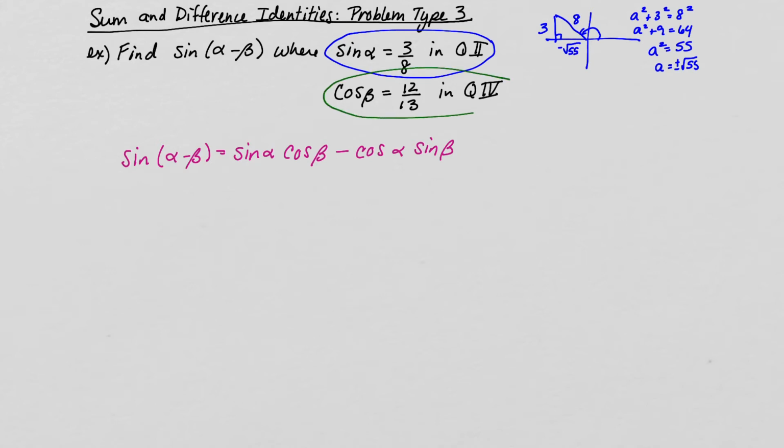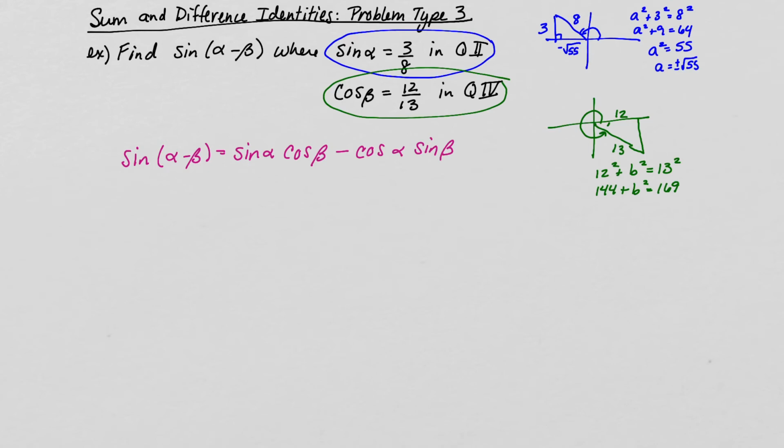And then I'm going to do the same thing for this cosine problem. So the cosine's in quadrant 4. So we've got an angle going all the way around this way. We're going to make a reference triangle. So remember, cosine is the adjacent 12 over the hypotenuse 13. And so if we do 12 squared plus b squared equals 13 squared, we get 144 plus b squared equals 169.